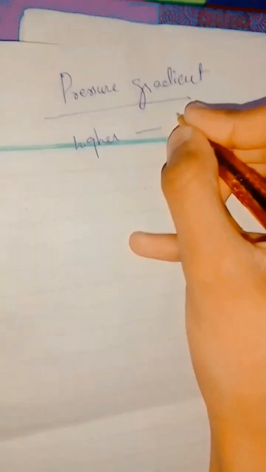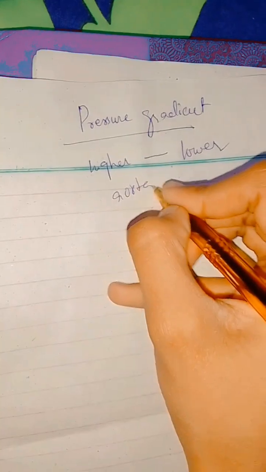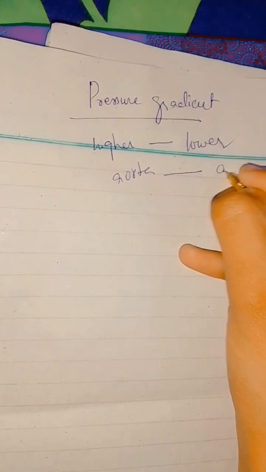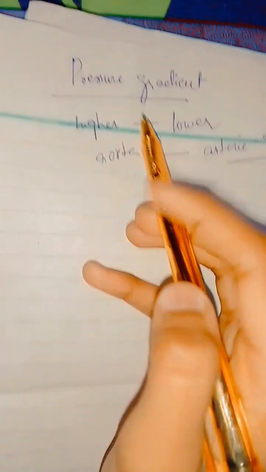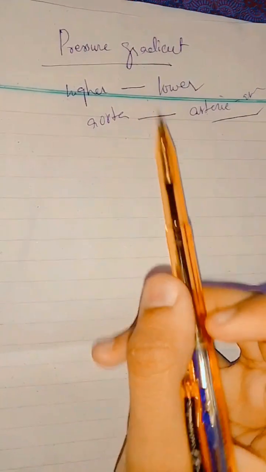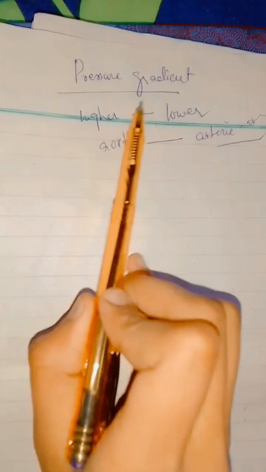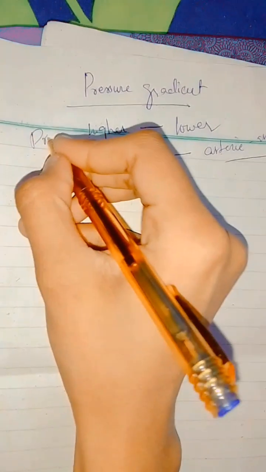The pressure moves from higher to lower: from the aorta, where the pressure is highest, to the arteries, then to the arterioles, then to the capillaries and so on. So the name used is pressure gradient: the pressure moves from higher to lower.